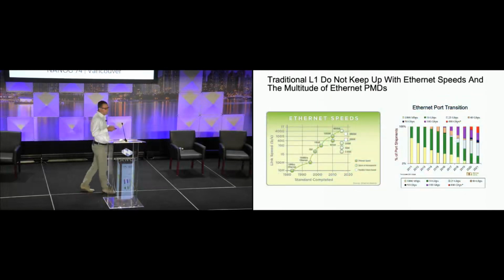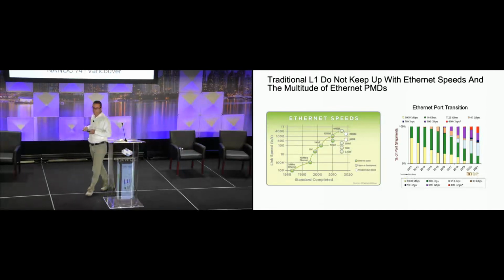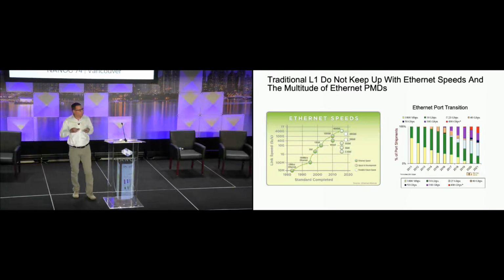Another point I want to make is that the technology commercially available from a layer 1 switching point of view really has a hard time keeping up with the explosion of Ethernet PHYs and PMDs and the diversity of multi-mode fiber, single-mode fiber, copper, direct attach, multi-lane, single-lane. It's very difficult to find this flexibility in an optical cross-connect, a layer 1 cross-connect, or even a packet broker.